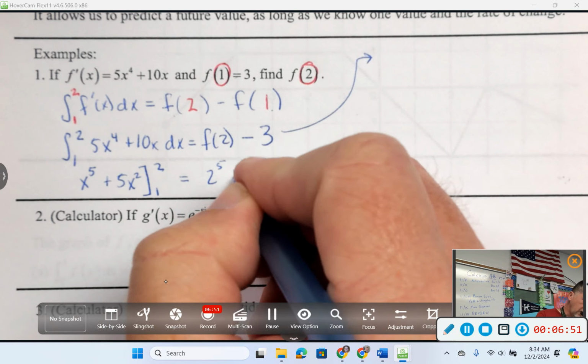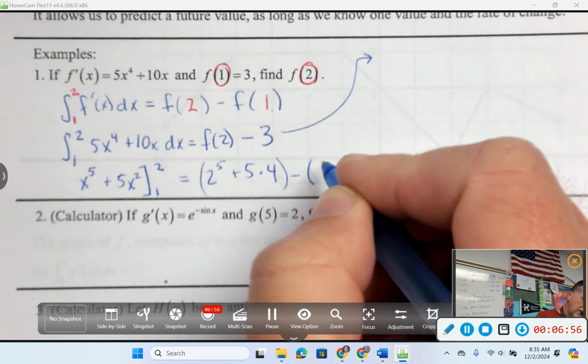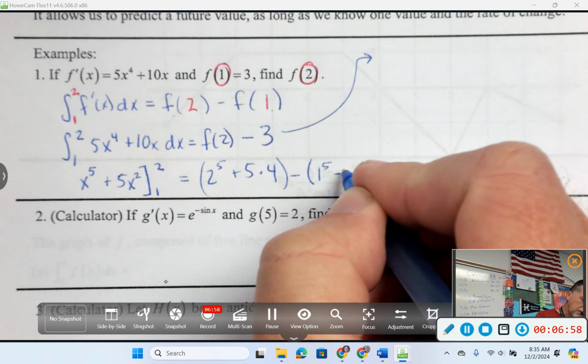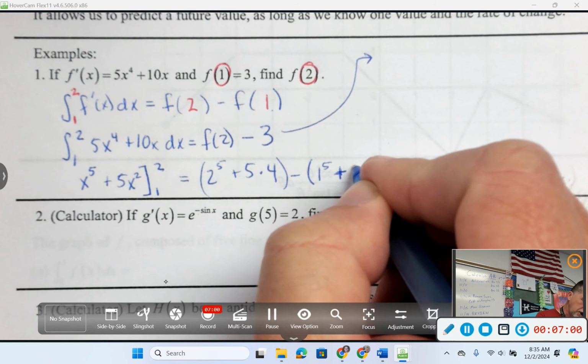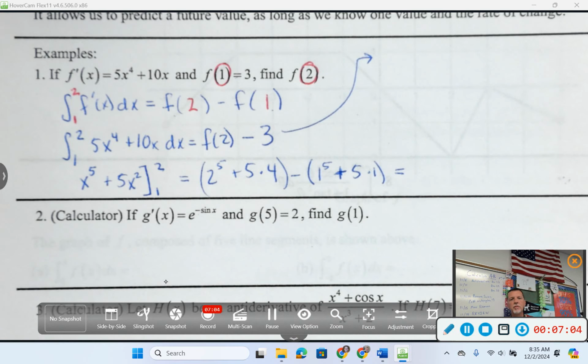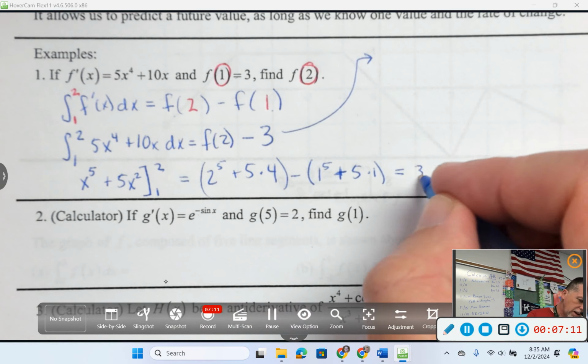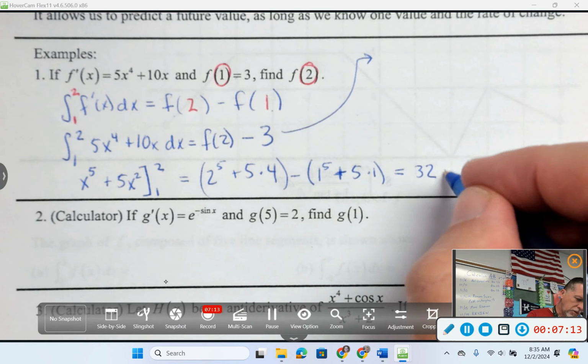All right, 2 to the 5th plus 5 times 4, minus 1 to the 5th plus 5 times 1. So I'm just cleaning all this up and then we'll go back to the equation in a minute. 2 to the 5th is 32. 5 times 4 is 20.